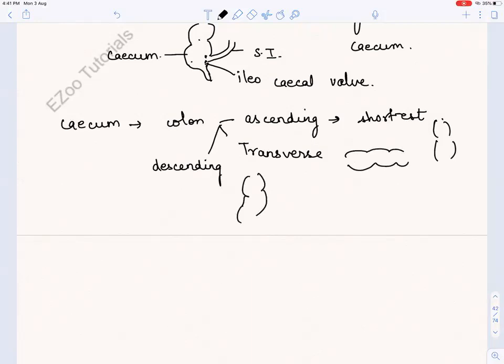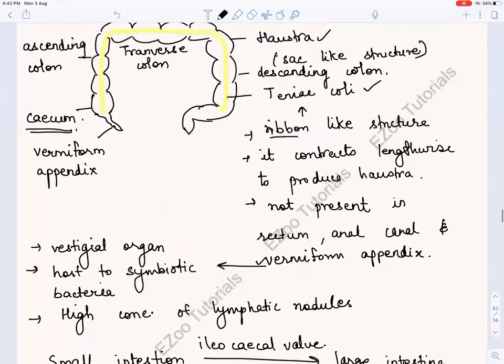descending, right? So this descending colon goes where? It goes into the sigmoid colon. So this is the S-shape kind of thing, which I'm calling the sigmoid colon, and this is the rectum.